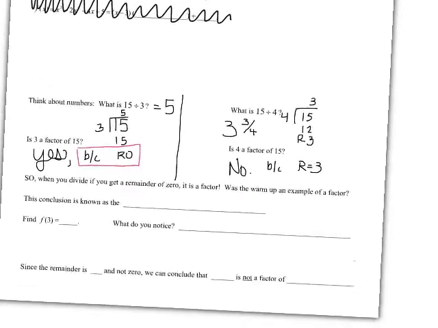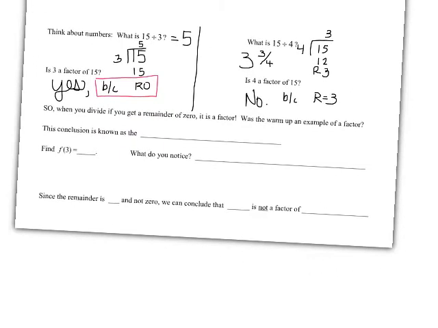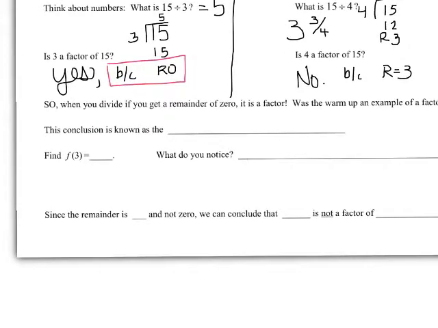Okay, so this idea, if you really understand it with the numbers, it's the same exact idea with polynomials. If you go through your division and you get a remainder of 0, that means it's a factor. And if you get anything besides 0, that means it's not a factor. So that's what this is saying right here.